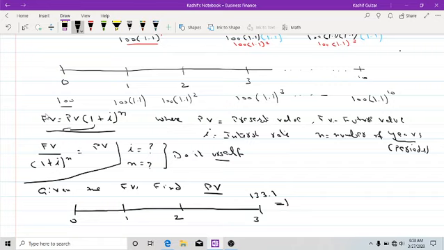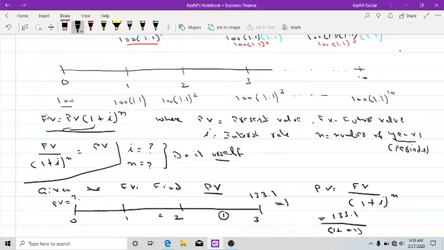Find the present value. We know the number of years, and we know the interest rate. So the present value is future value divided by 1 plus i to the power n, and in this problem it is 133.1 divided by 1 plus 0.1 raised to the power 3. Now how would you say that is 3 years? Because you say 1 year, 2 years, 3 years.